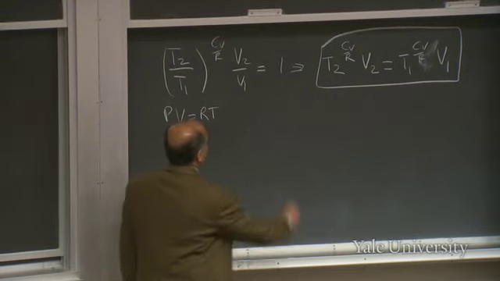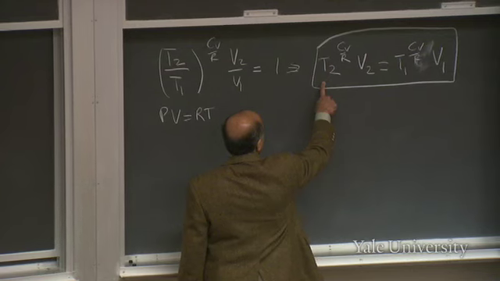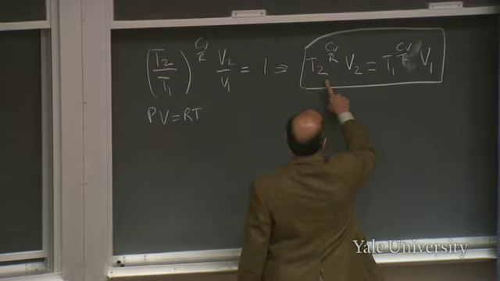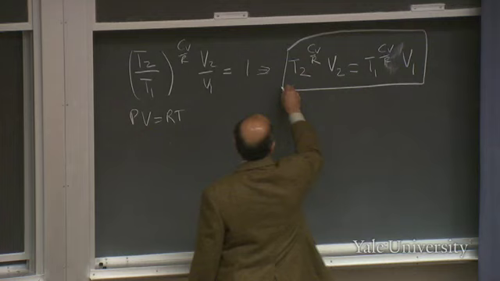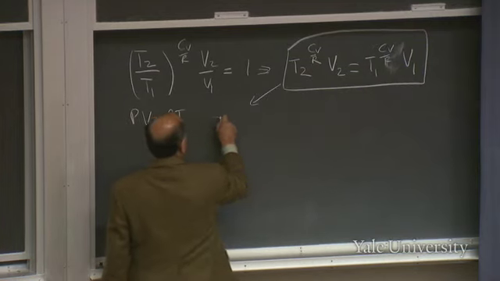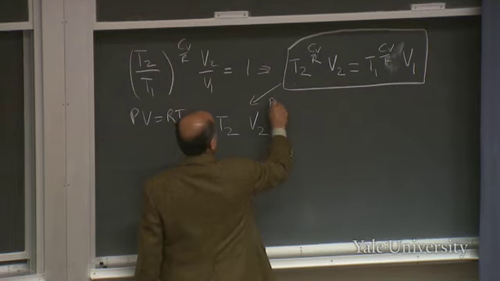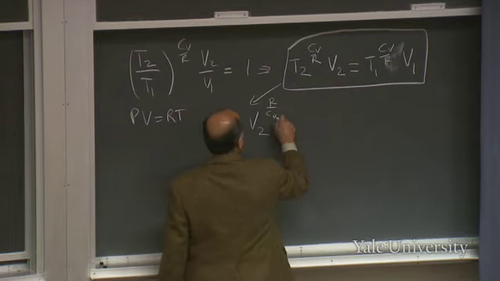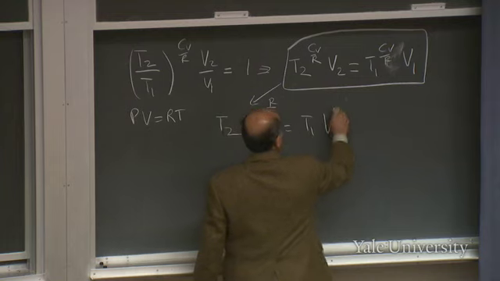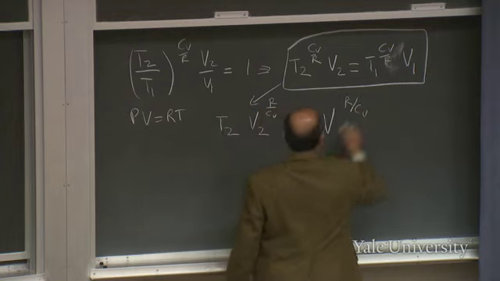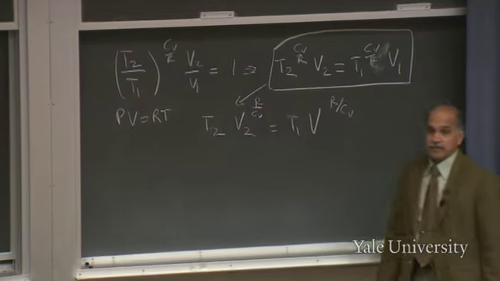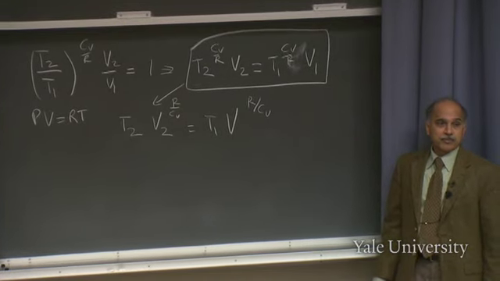Therefore, you can write this T in many ways. I'm going to write it in another way, and you see if you can follow this. T2 V2 to the power R over CV is equal to T1 V1 to the power R over CV. You believe that? That's just a mathematical trick.